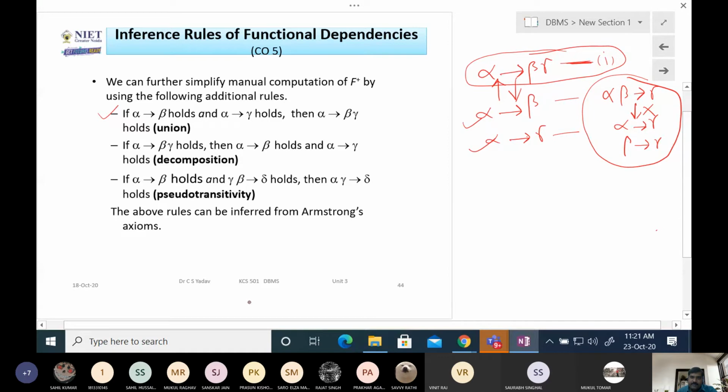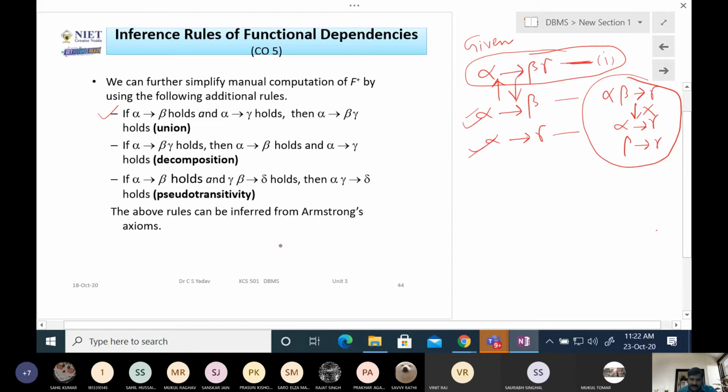Sometimes questions are asked: given FD sets, prove whether this FD is true or not. Then if you know Armstrong's axioms, you can easily solve that problem.